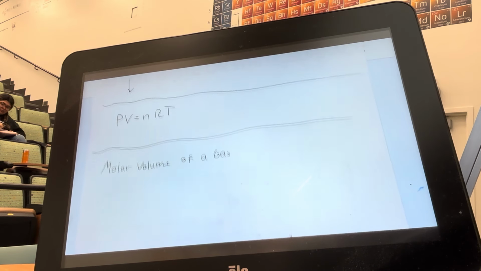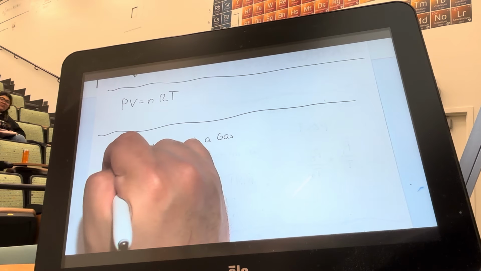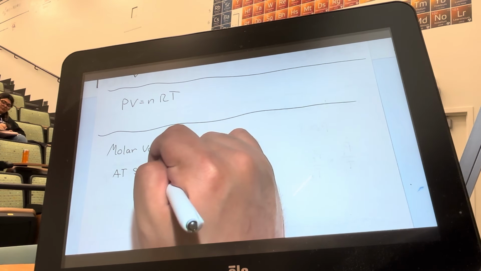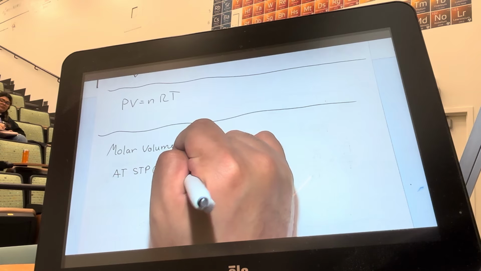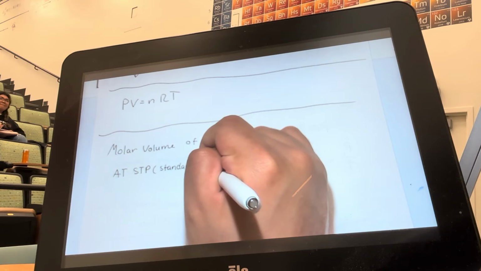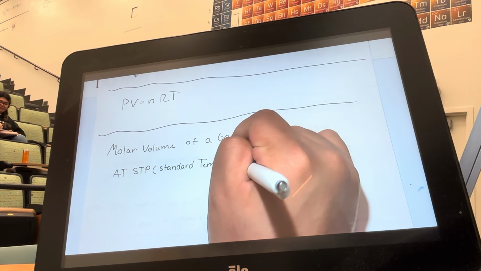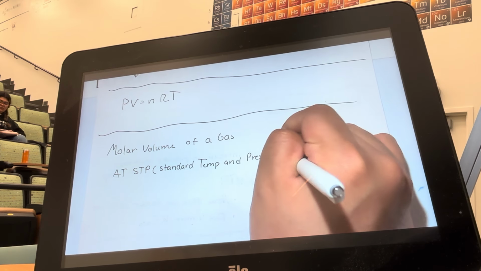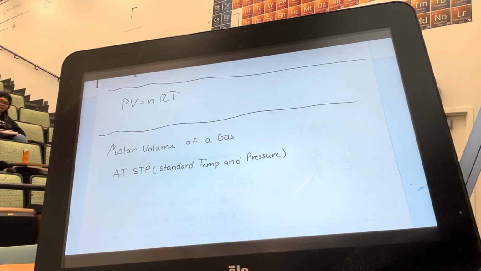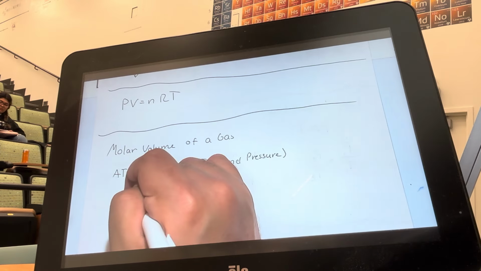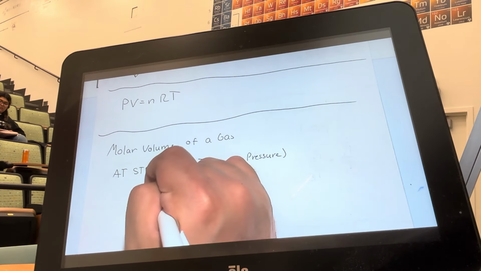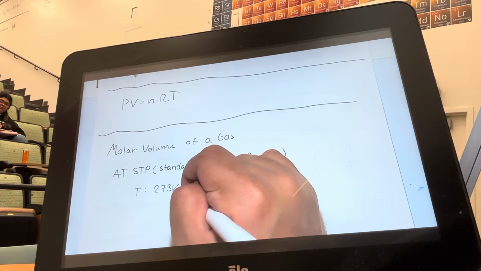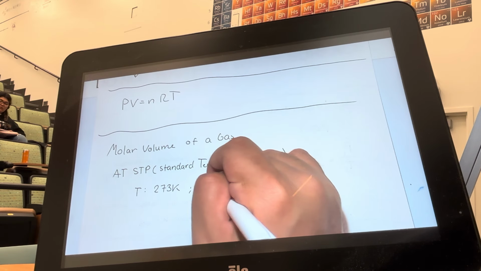If your problem says at STP, which is standard temperature and pressure, the standard temperature is 273 Kelvin and the standard pressure is 1 atm.